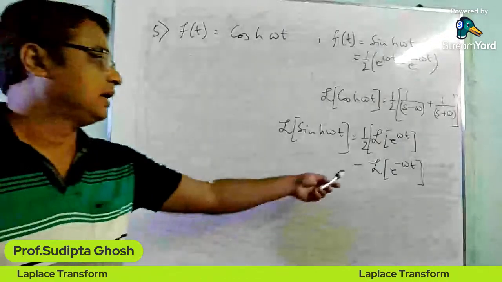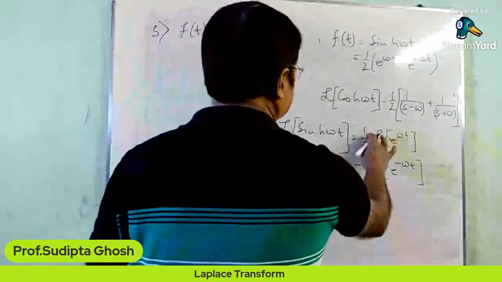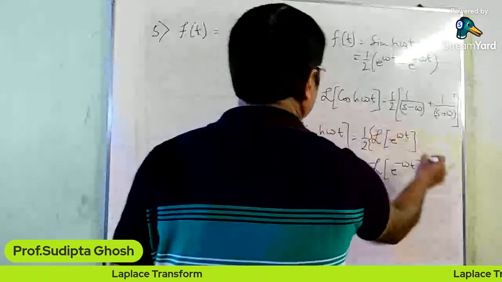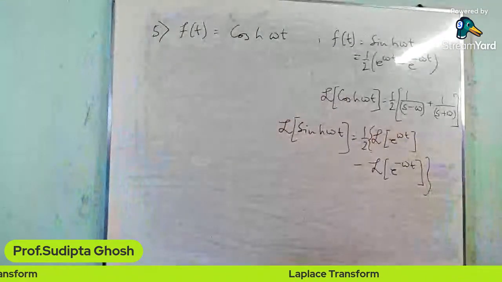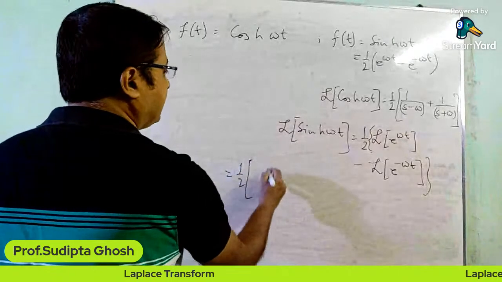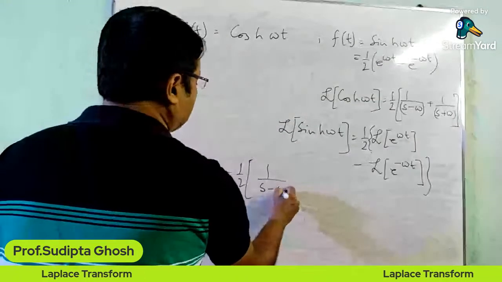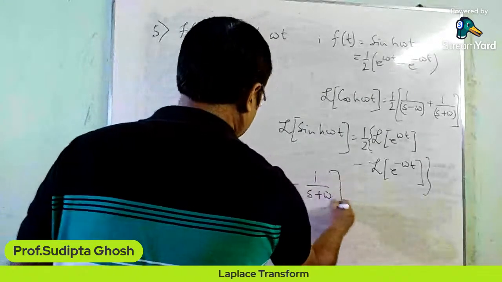So the Laplace transformation, by using the linear combination property and putting in the values, is 1 by s minus omega minus 1 by s plus omega.